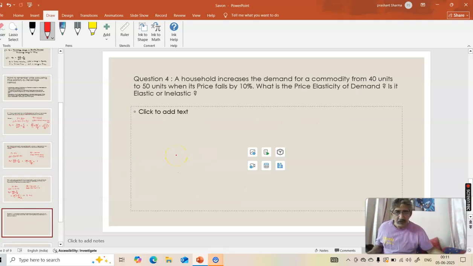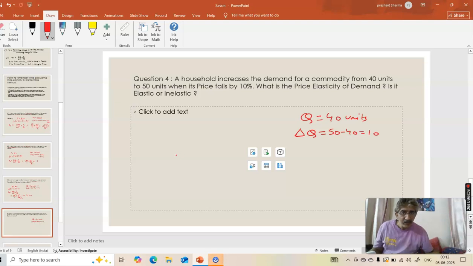Question number 4. A household increases the demand for a commodity from 40 units to 50 units. So the original quantity was 40 units, and the change in quantity is 50 minus 40, which gives you 10.